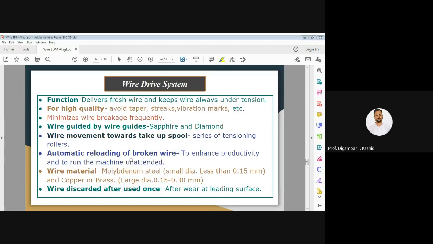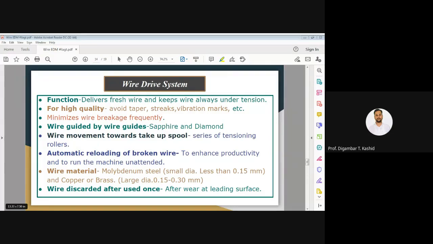Nowadays automatic reloading of the broken wire is used everywhere. Without a worker, you can reload the wire using the automatic reloading.